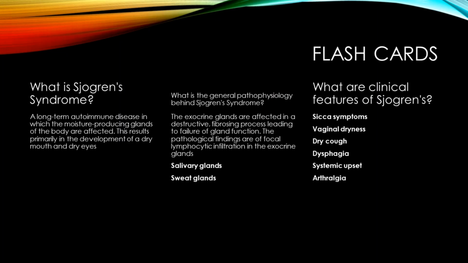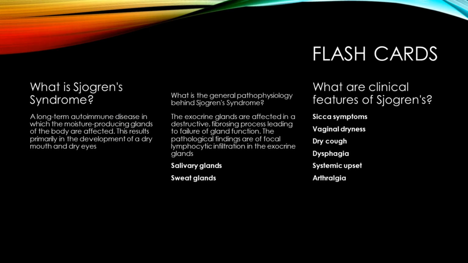And some flashcards to remember the information. What is Sjogren syndrome? Well, a long-term autoimmune disease in which the moisture-producing glands of the body are affected. This results primarily in the development of a dry mouth and dry eyes. What is the general pathophysiology behind Sjogren syndrome?